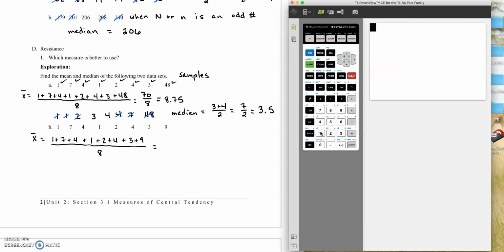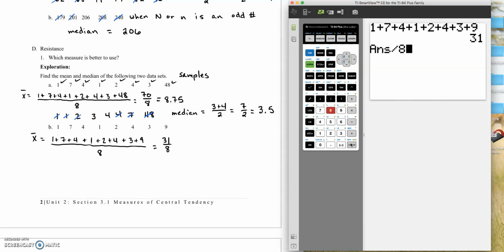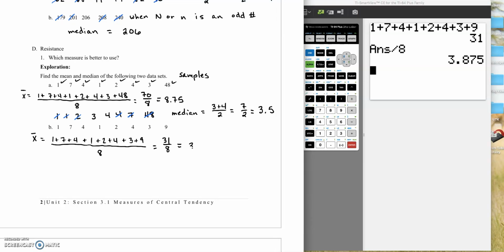And so if we add all those up, 1 plus 7 plus 4 plus 1 plus 2 plus 4 plus 3 plus 9, we get 31 over 8, which is 3.875.